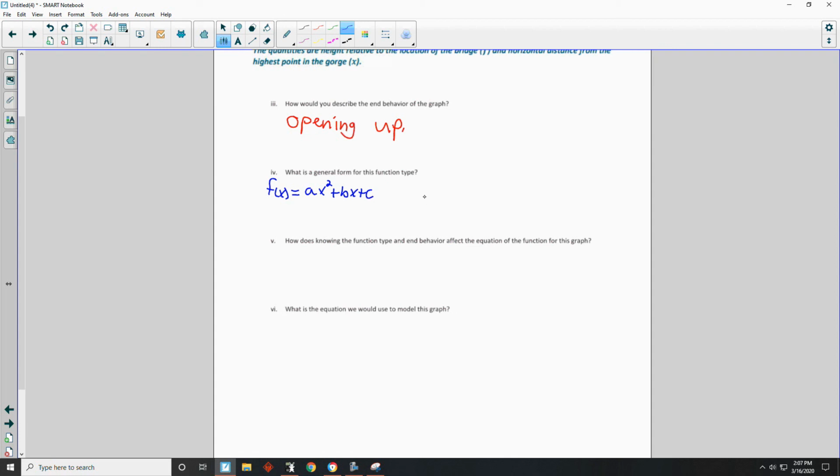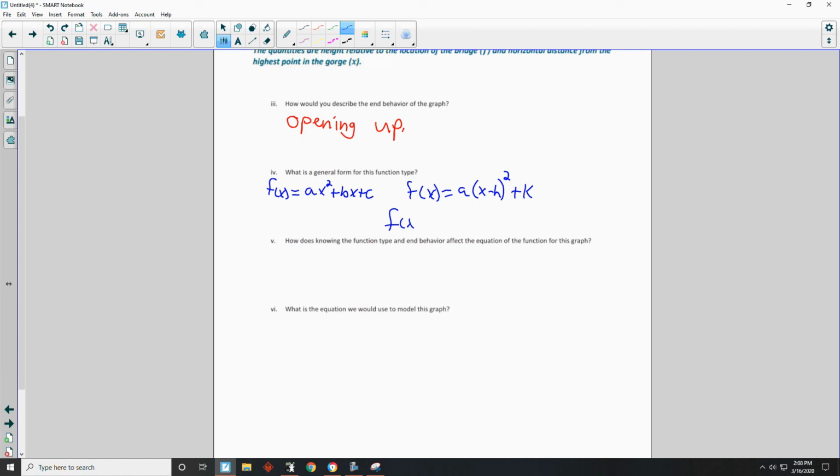Okay, if you wanted to do vertex form, then you would say f of x equals a times the quantity x minus h squared plus some constant, or k. So there's standard form and there's vertex form. Okay, well, there is one other form.